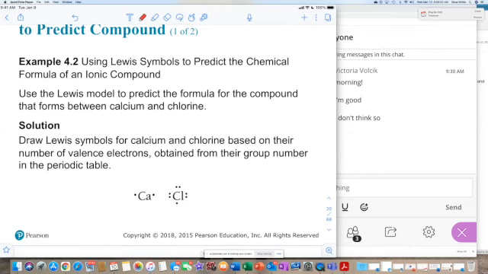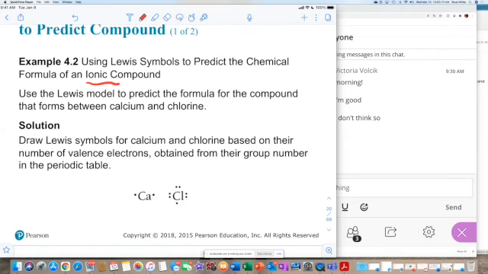Okay, now we're going to be using Lewis symbols here to predict the chemical formula for the ionic compound. The Lewis symbol, for the most part, if you've had this in high school, it is used to predict the formula for molecular compounds. But for right now, we're looking at ionic compounds.